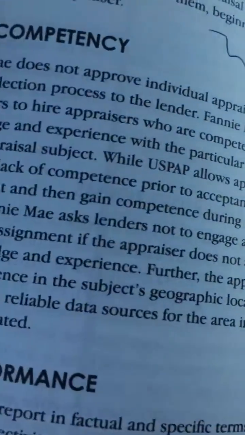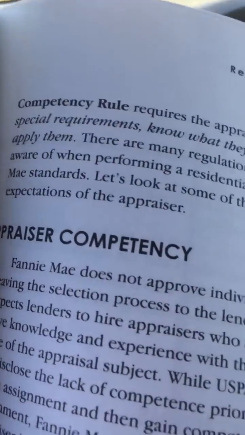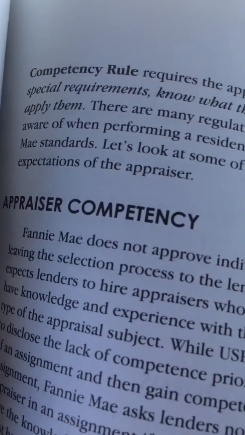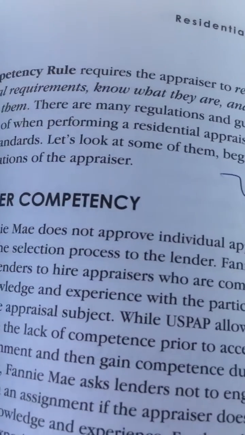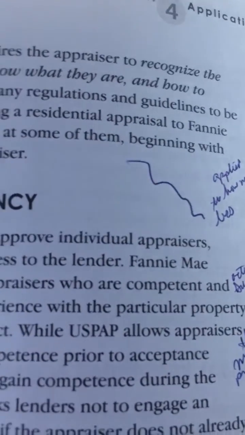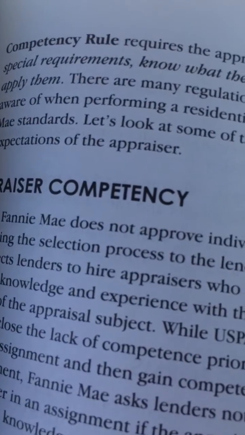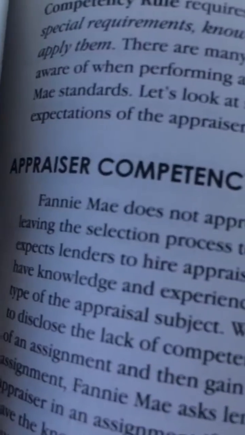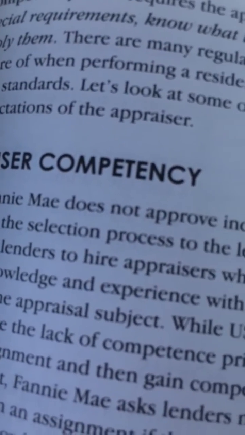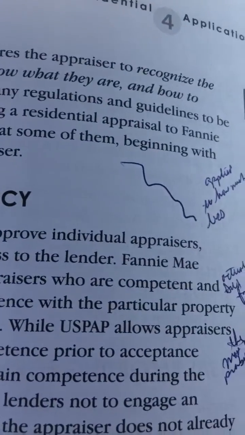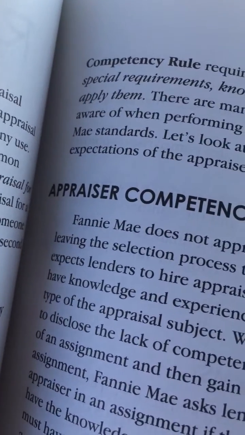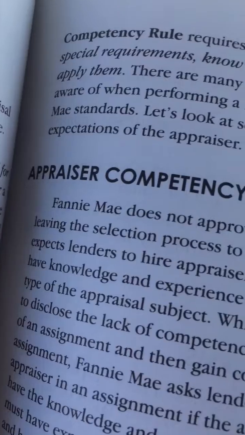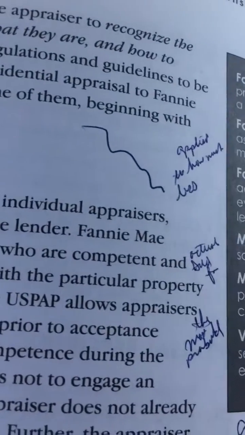Page 129. The competency rule requires the appraiser to recognize the special requirements, know what they are, and how to apply them. There are many regulations and guidelines to be aware of when performing the residential appraisal to Fannie Mae standards. Let's look at some of them, beginning with expectations of the appraiser.